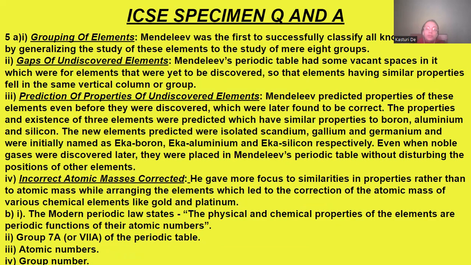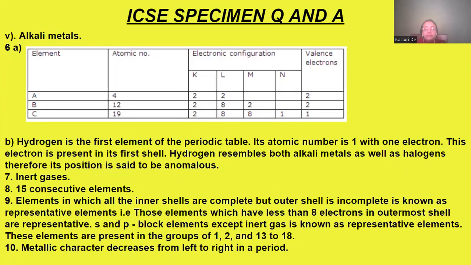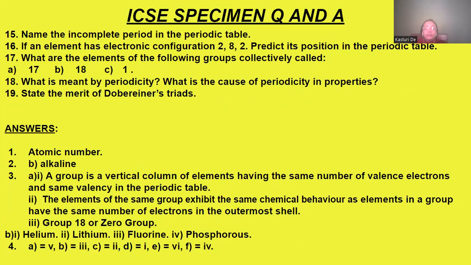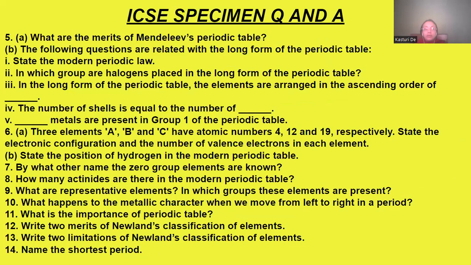And the dash metals are present in group 1 of the periodic table. Those are alkali metals.